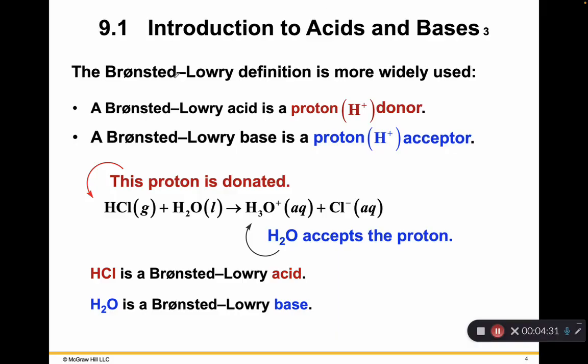One of them, the popular and accepted one, is the Bronsted-Lowry definition. According to the Bronsted-Lowry definition, an acid is a proton donor. The H plus that we were calling the hydrogen ion in the Arrhenius definition is known as a proton here, because a hydrogen atom has one proton in the nucleus and one electron in the outer shell.